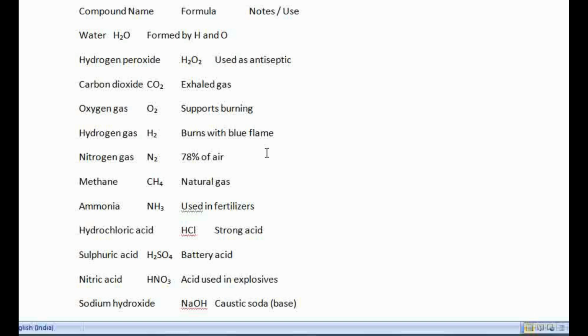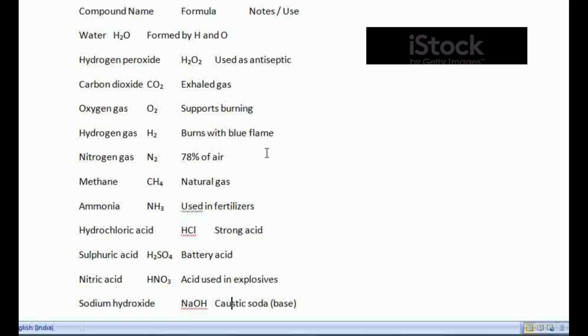Nitric acid HNO3, used in explosives. Sodium hydroxide NaOH, caustic soda, a base; potassium hydroxide KOH, a base; calcium hydroxide Ca(OH)2, lime water; sodium chloride NaCl, common salt. For cooking we use common salt.